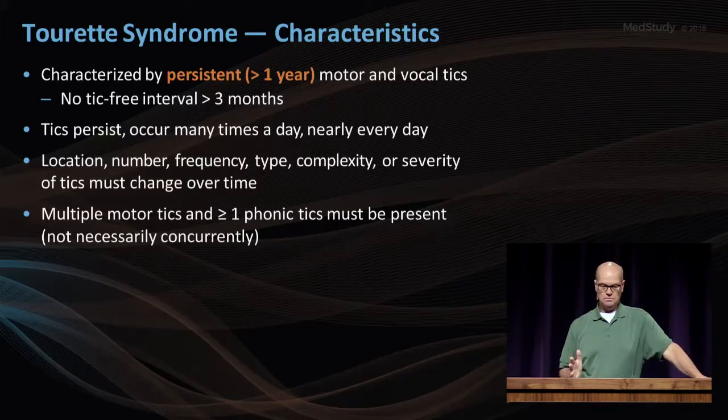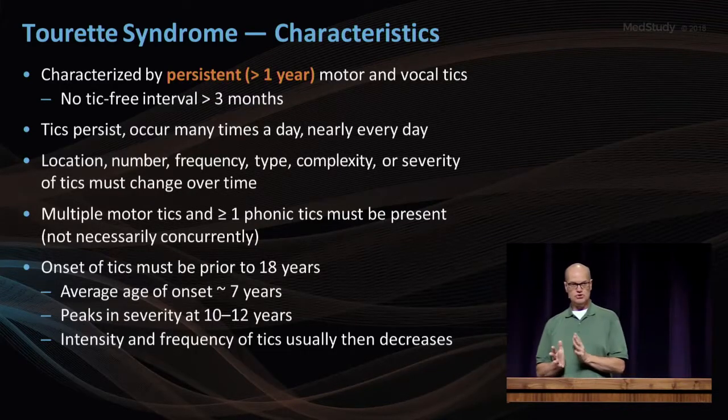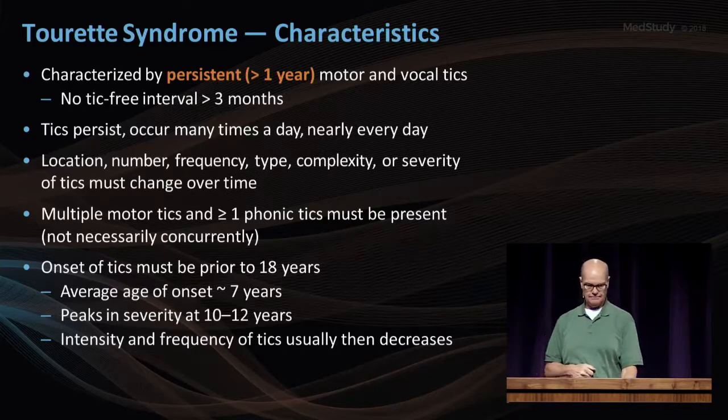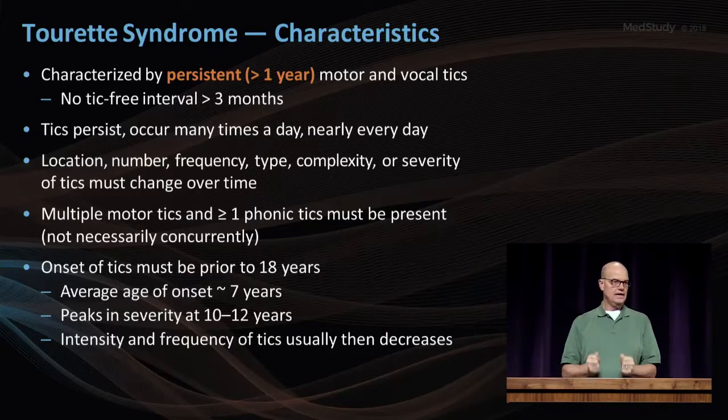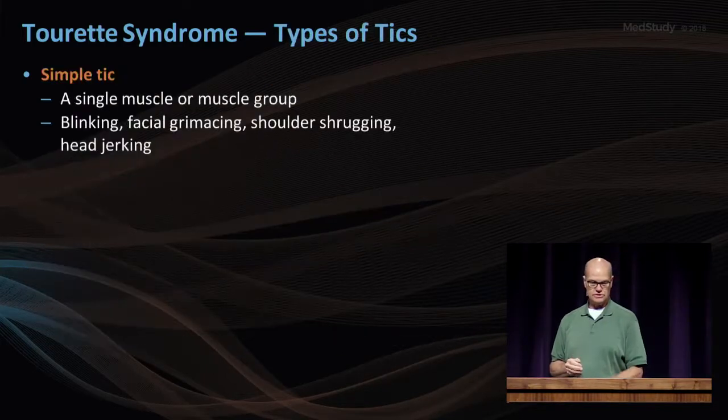And multiple motor tics and at least one vocal tic must be present, but not necessarily at the same time. And the peak is usually between 10 and 12, onset several years prior to that time. So persistence, many times a day, both vocal and motor, although not necessarily at the same time.